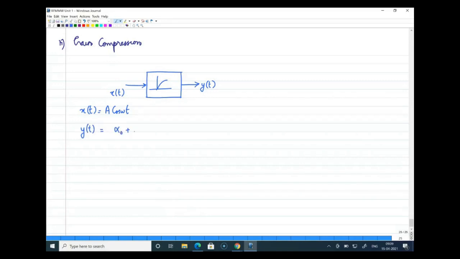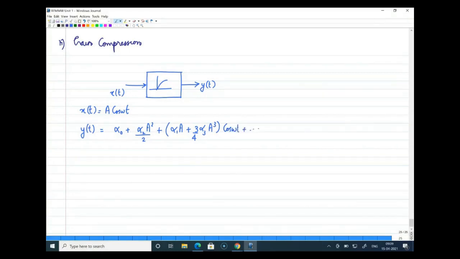It is alpha naught plus alpha 2 a square by 2, which is the other DC offset term coming in, plus alpha 1 a, which is the fundamental, plus 3 by 4 alpha 3 a cube, into cos omega t, plus etc.